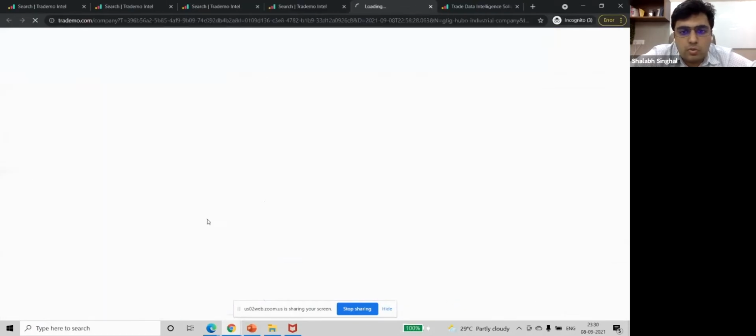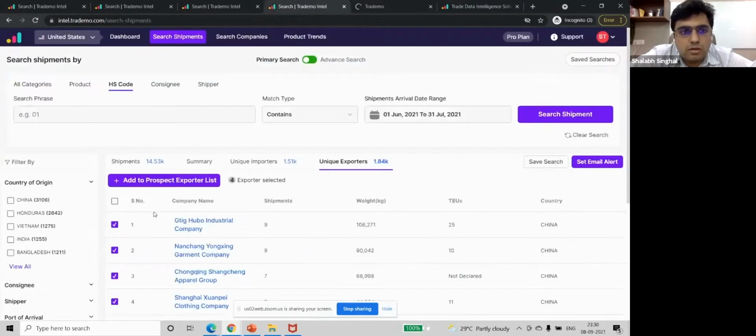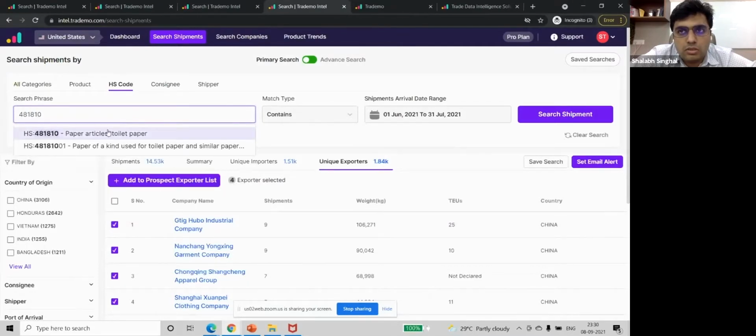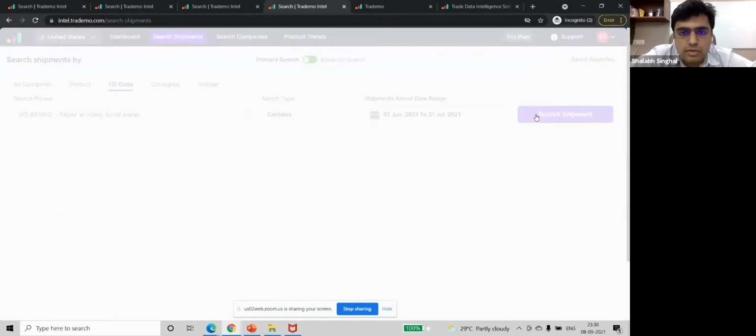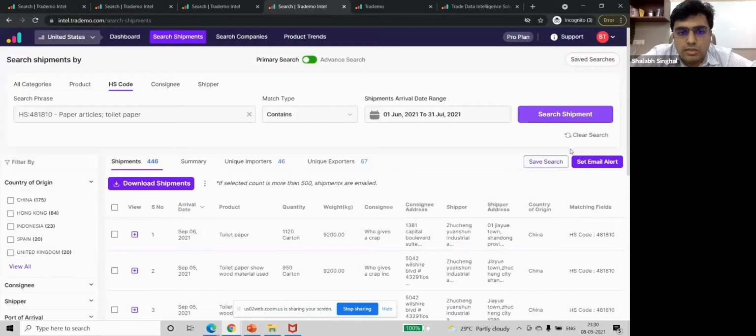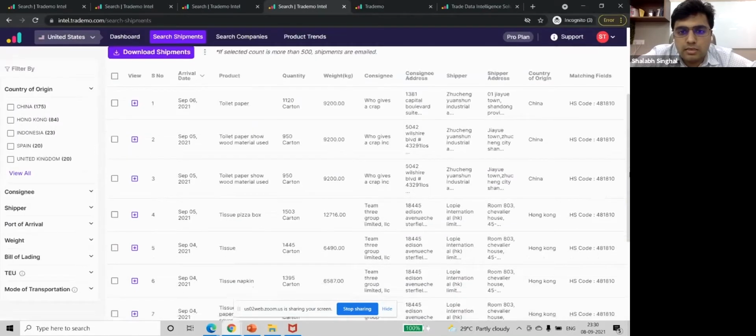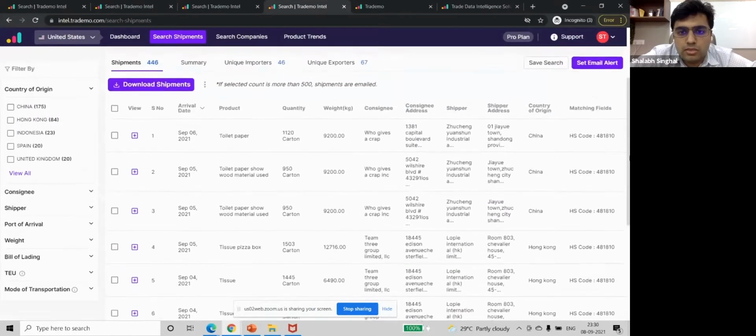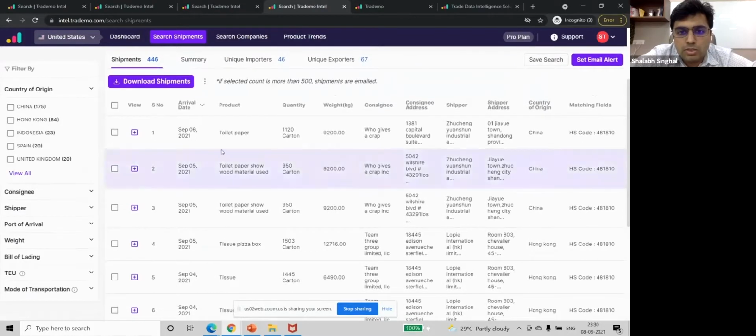As you can see in a quick search, when we are searching for a particular HS code, you get to know the quantity as well as the TEU, the twenty-foot equivalent unit of container size, that you can quickly see in the data. So yes, you can see the top players and their market share for a particular HS code, whether for a supplier or a buyer.